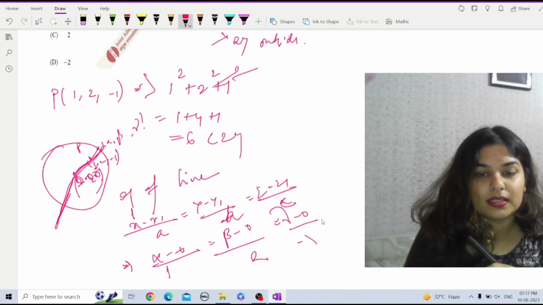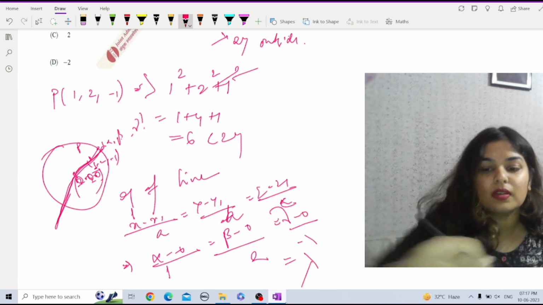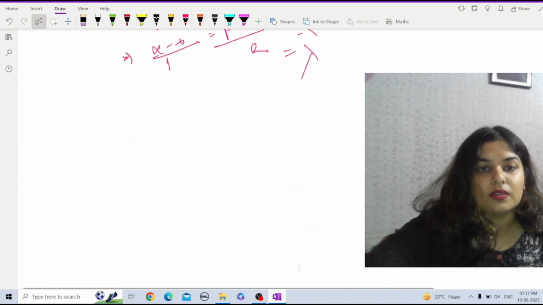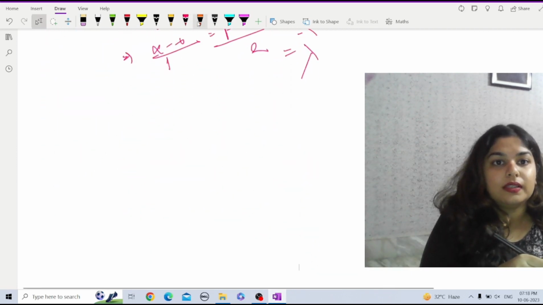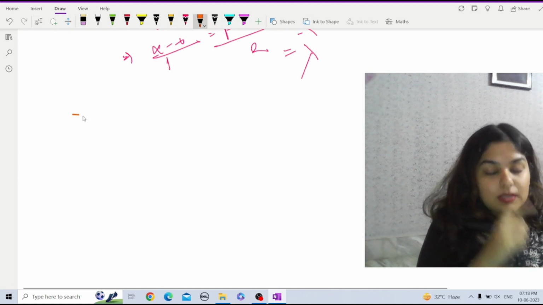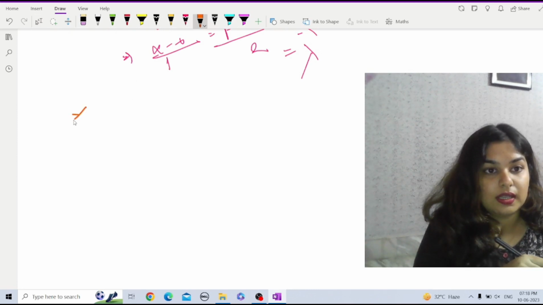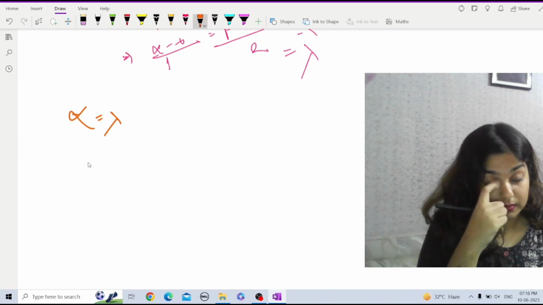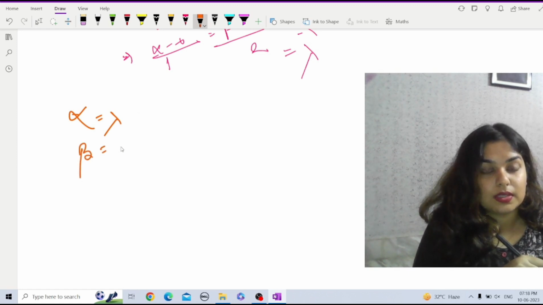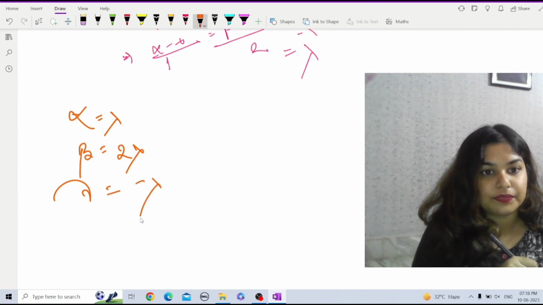Now let us say this is equal to some value lambda. From here if we solve, we get alpha equals lambda, beta equals 2 lambda, gamma equals -lambda.